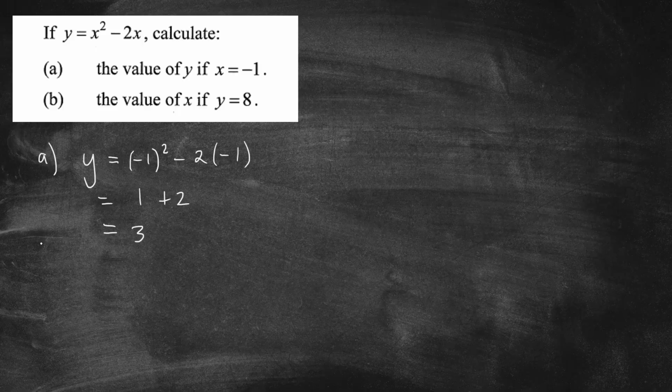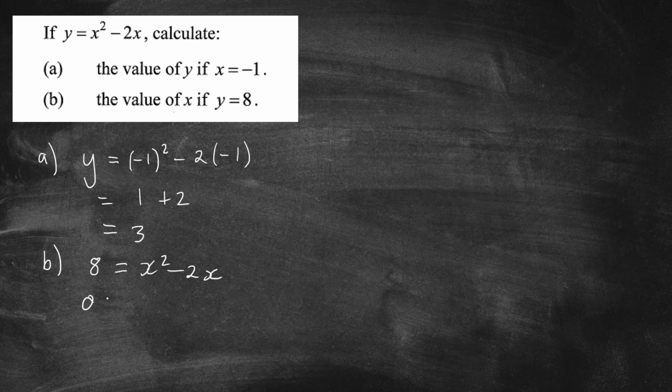So pretty easy. Now, when we're given the value of y, and we replace y with its value, 8 equals x squared minus 2x. Now taking everything to the one side, because we see that this is actually a quadratic equation with x squared being one of the terms.